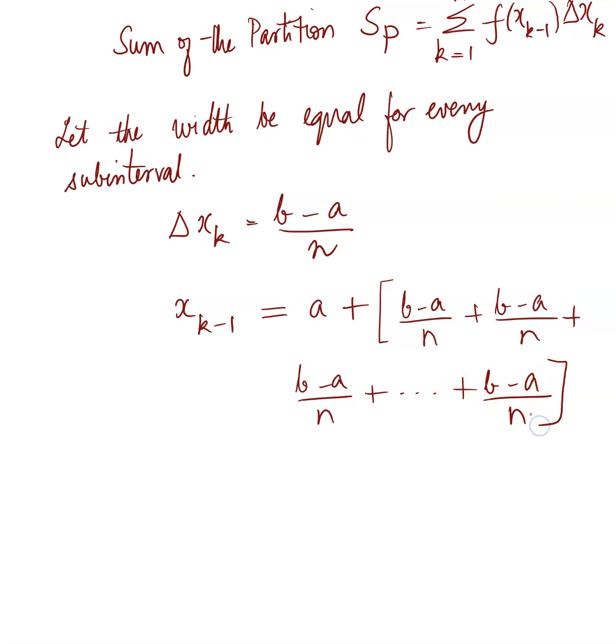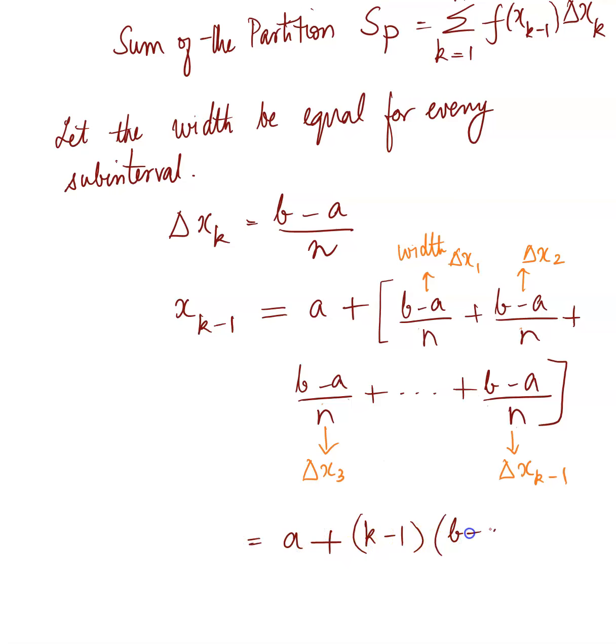So this will be the width delta x1, this is delta x2, this is delta x3, and so on, and we stop not at delta xk but xk minus 1, the previous one. That means each of them are equal width, so you're adding b minus a over n, k minus 1 times, and that's what I meant in the previous step when I did k minus 1 times b minus a over n. This is k minus 1.